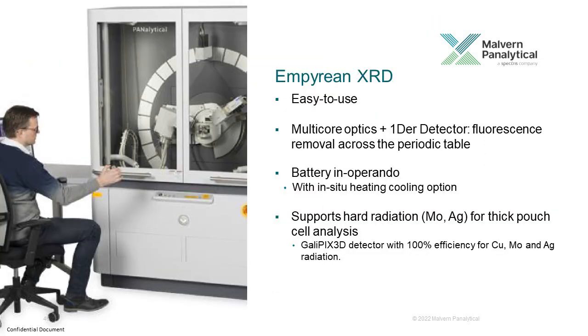This is our flagship Empyrean XRD platform, which is a multi-application platform. You can do powder, thin films, nanomaterials analysis, and also in operando XRD. Here the in operando XRD you can do with in situ heating and cooling, from -10 to 70.